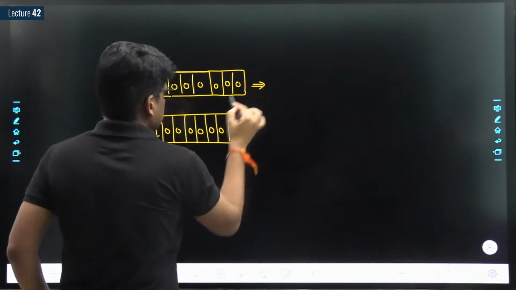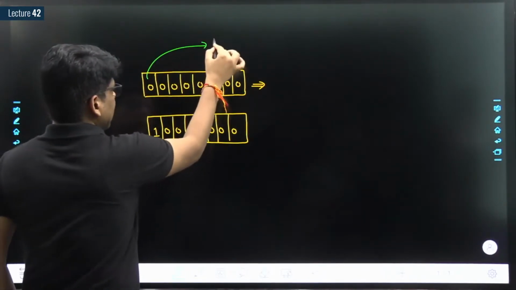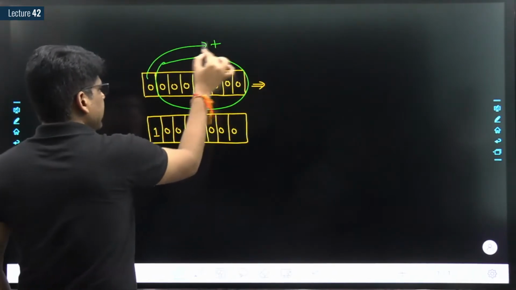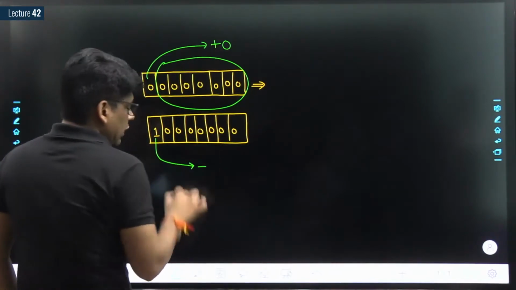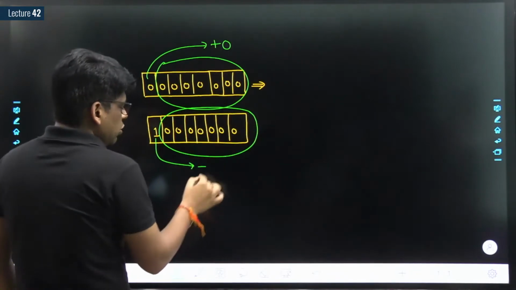Because of this 0, I get to know it is plus, and because all of the bits are 0, the magnitude is 0. Because of this 1, I get to know the number is negative, and because the magnitude contains all 0, that means 0.